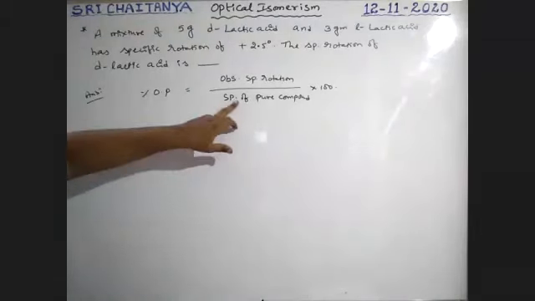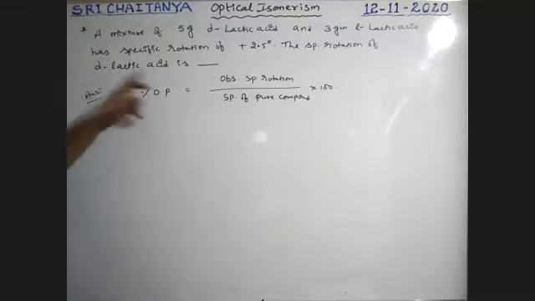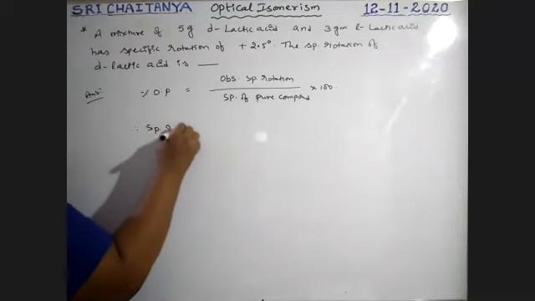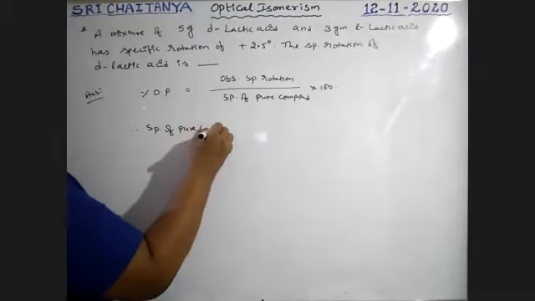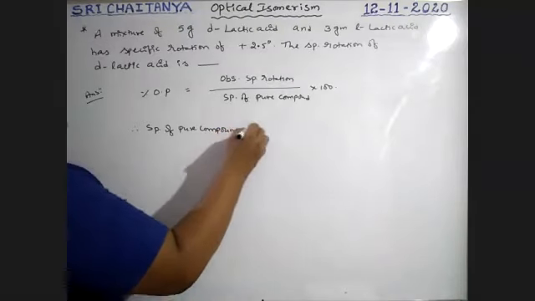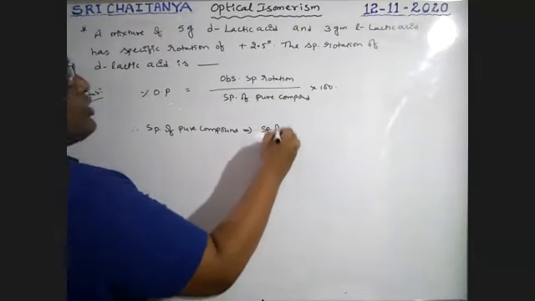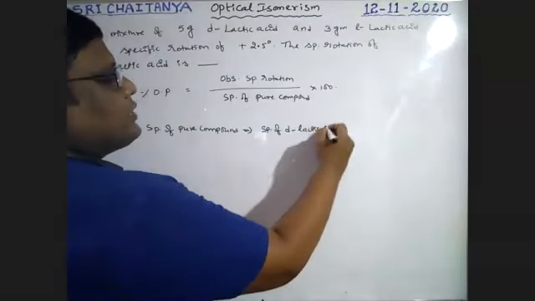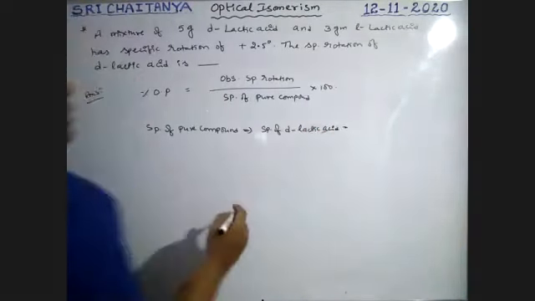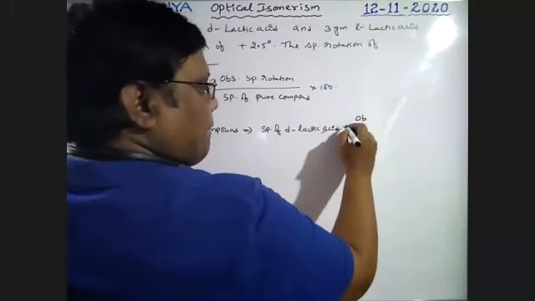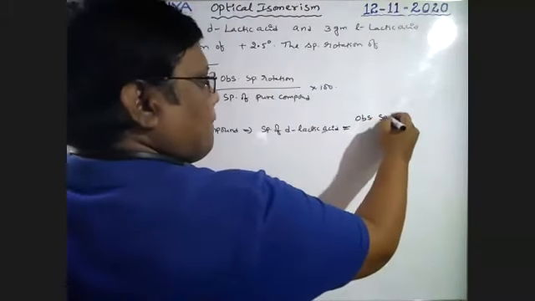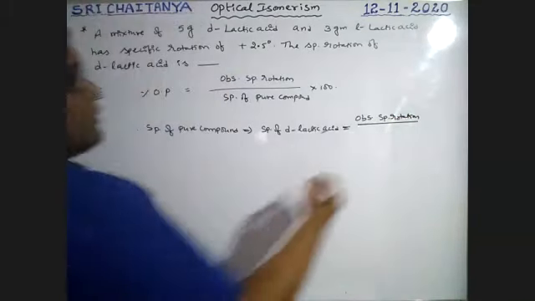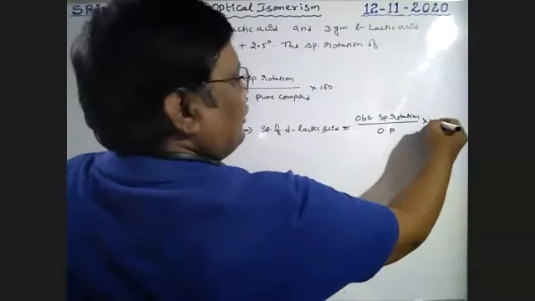Now we are going to calculate the specific rotation of the pure compound, that is D-lactic acid. So the specific rotation of the pure compound, which I am taking as the specific rotation of D-lactic acid, is equal to the observed specific rotation by percentage optical purity into 100.